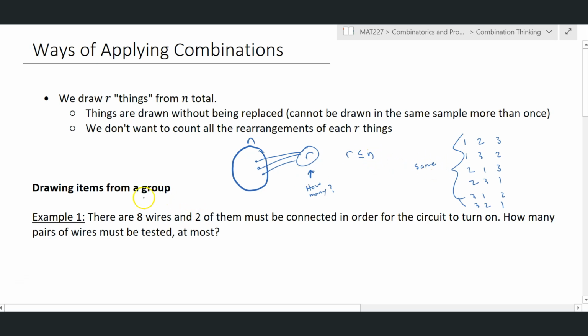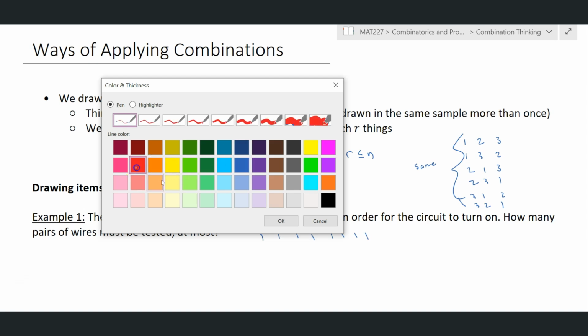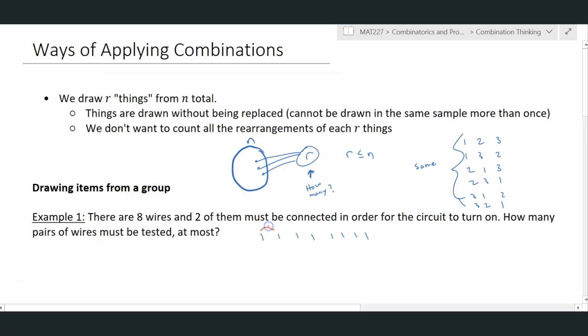So the first, more obvious application of combinations is when we're physically drawing objects. Let's imagine that there are 8 wires. Let's pretend these are the ends of those 8 wires: 1, 2, 3, 4, 5, 6, 7, 8. And we need to connect 2 of them in order for the circuit to turn on. We don't really know which 2 wires those are, so we start testing pairs of wires. Maybe we draw those 2 and connect them, and then those 2, and we keep on going until we find a pair.